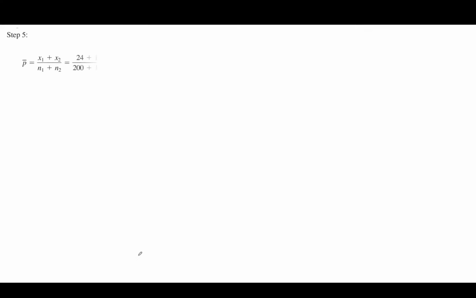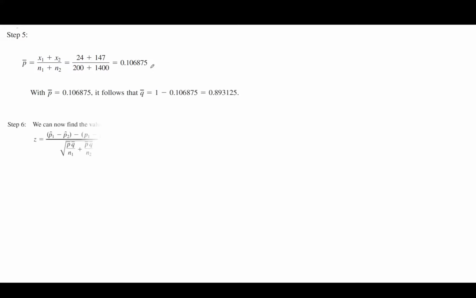What is p bar? p bar is the total number of people who were stopped by the police, 24 plus 147, divided by the sample sizes, which is 200 plus 1,400, and gives you 0.106875. Now you can calculate q bar and move on to the next step and find the standardized test statistic.